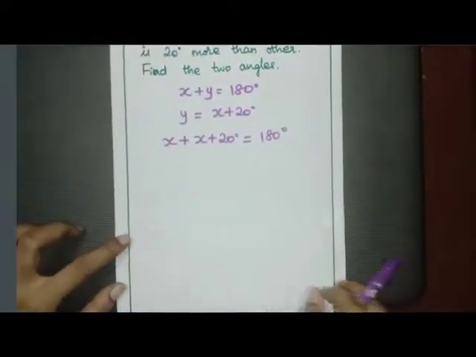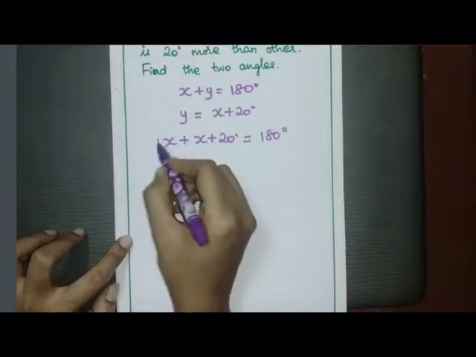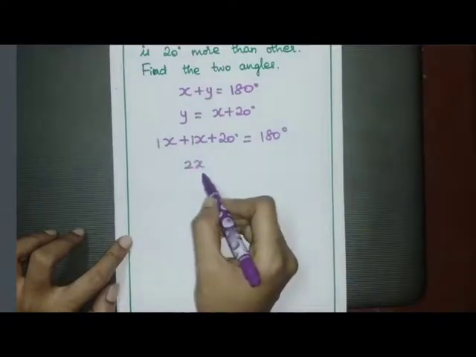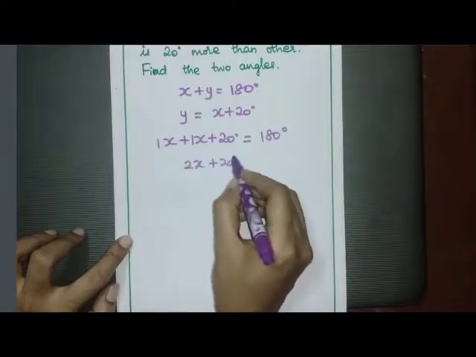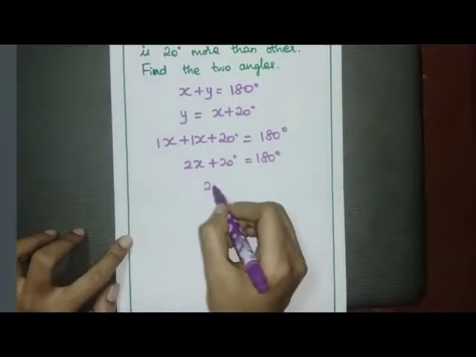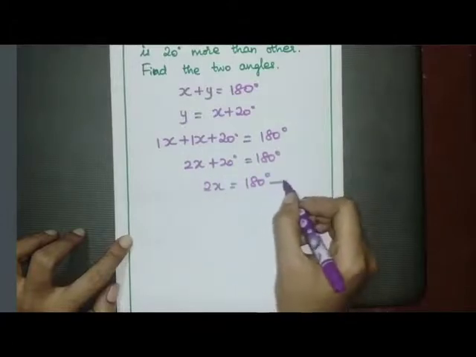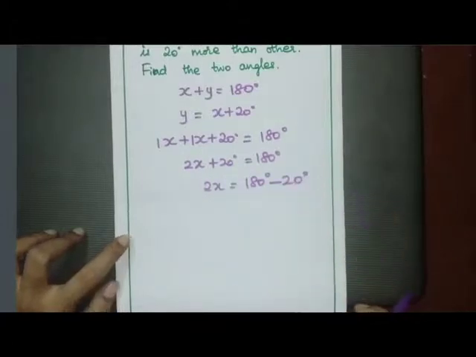So totally how many x are there? 1x plus 1x, I will get 2x plus 20 degrees equal to 180 degrees. So 2x equal to 180 degrees minus 20 degrees.